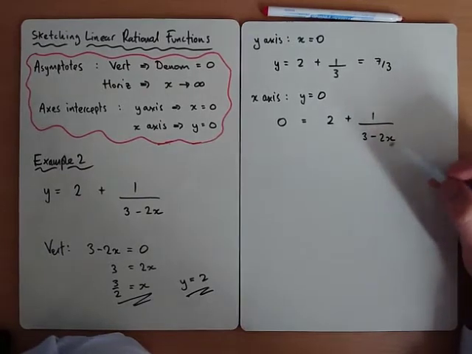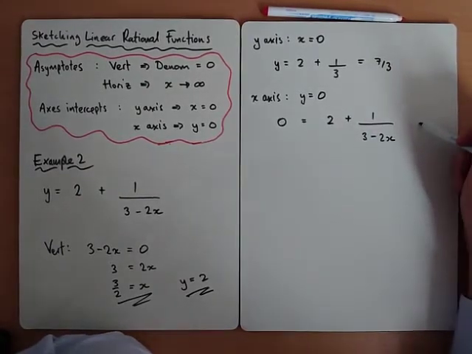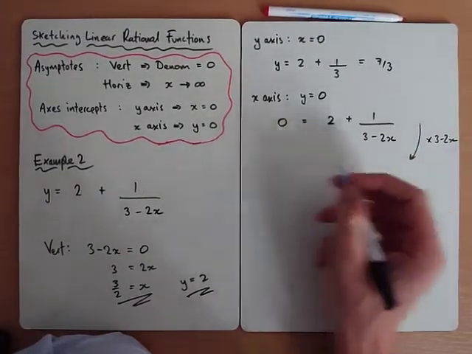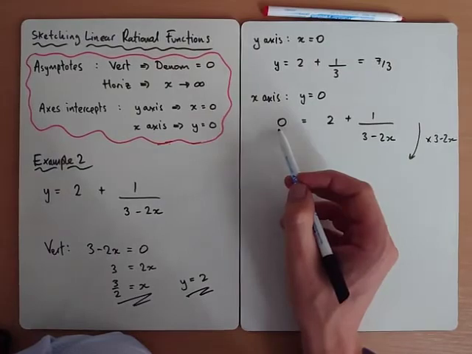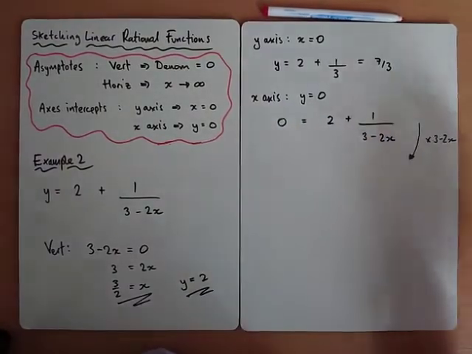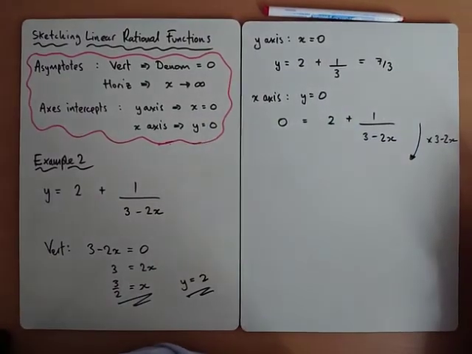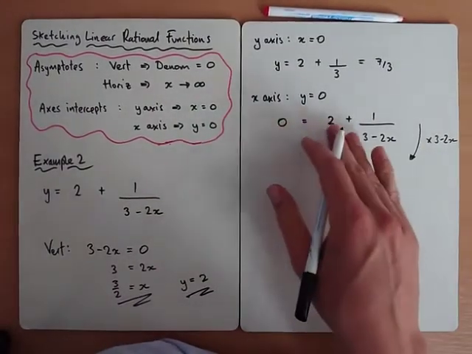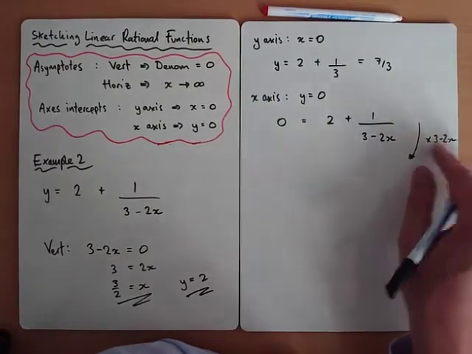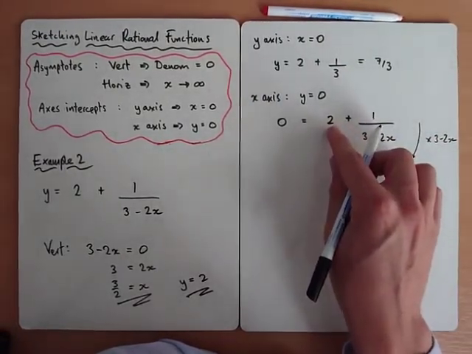Obviously we've got this fraction that we want to get rid of, but a little mistake that sometimes people make: if you multiply by 3 minus 2x straight away, 0 times this would still be 0, but don't try and get rid of the GCSE mentality of just throwing it over on the other side of the equation. You've got to realise that this term here is important. If you multiply everything by 3 minus 2x, you've got to multiply this one as well.